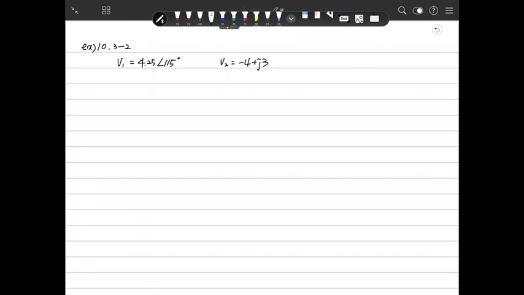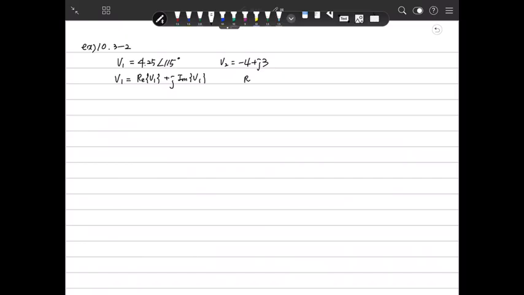How do we do that? We need to change it. V1 is the real term of V1 plus j times the imaginary term of V1.